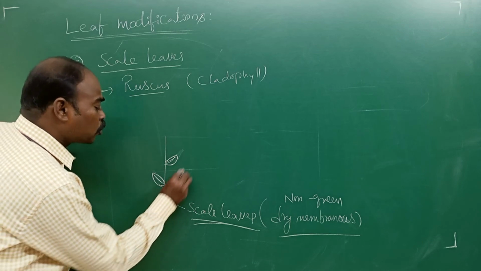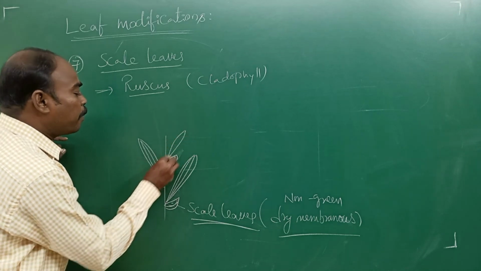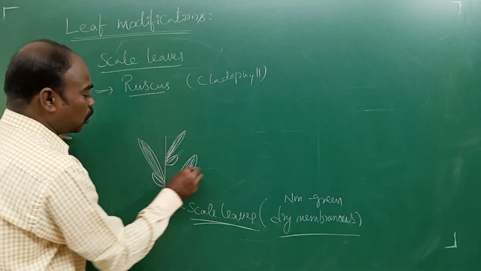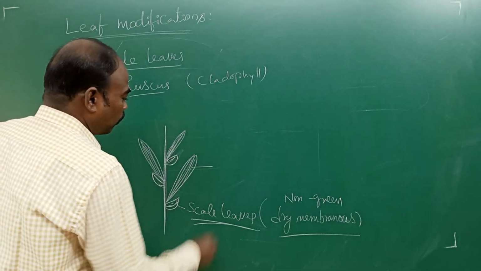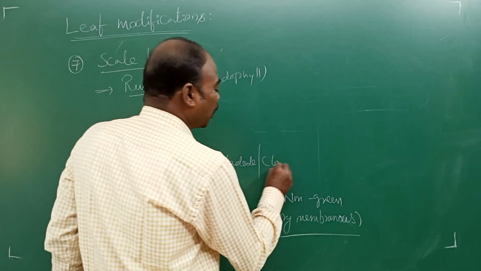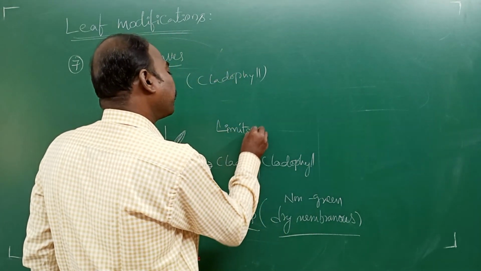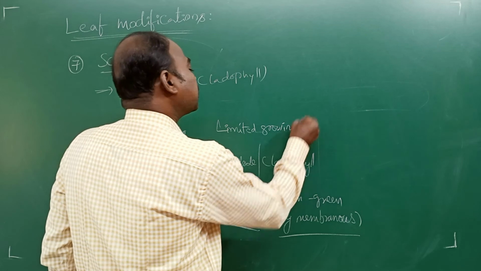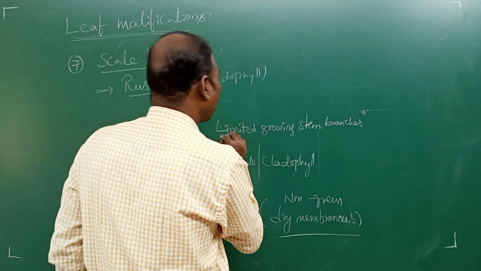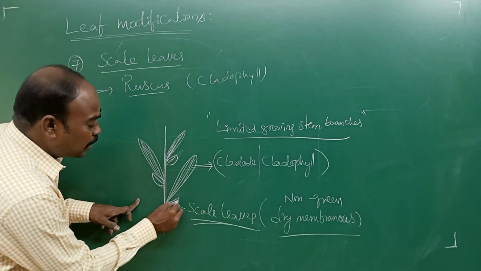In their axils, limited growing branches, that is stem branches, were developed. These limited growing stem branches are otherwise called cladodes or cladophylls, which are developed in the axils of scale leaves.